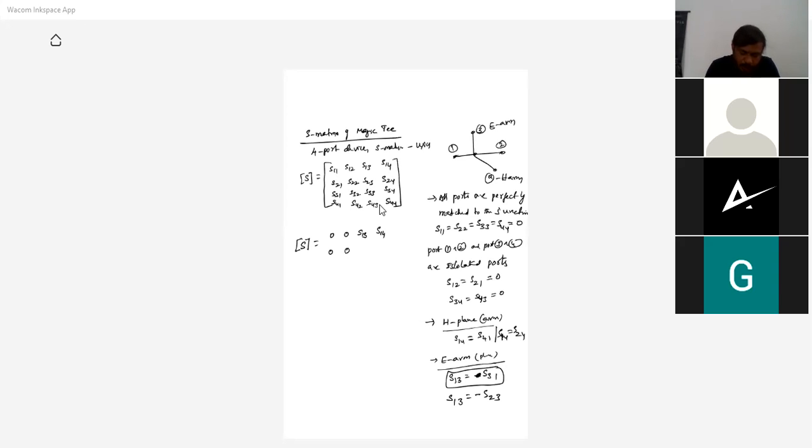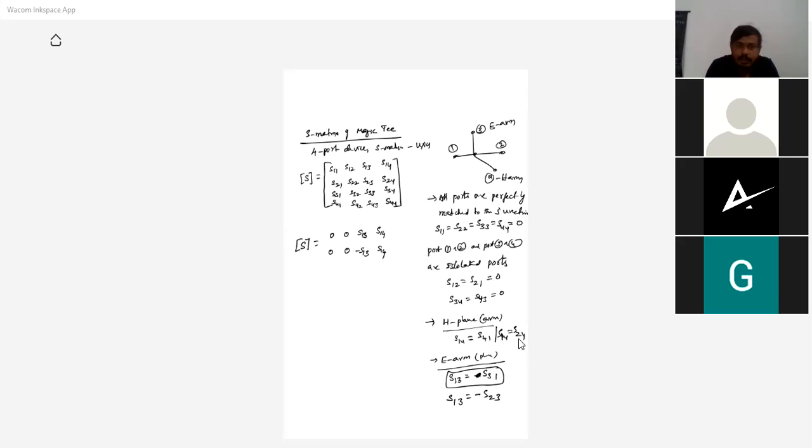S22 is perfectly coupled. S23, what is S23? S23 is minus S13. So here from the bottom we can see S23 is minus S13. S24 is S14 from the H plane, right?